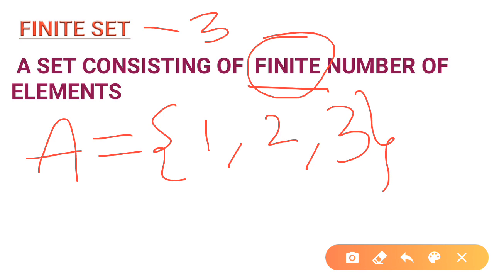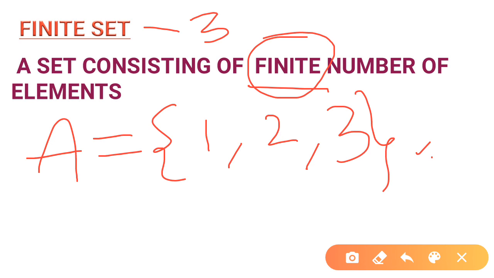So it is countable, and countable means finite. So a countable set or a finite set, whatever it may be, both are the same.